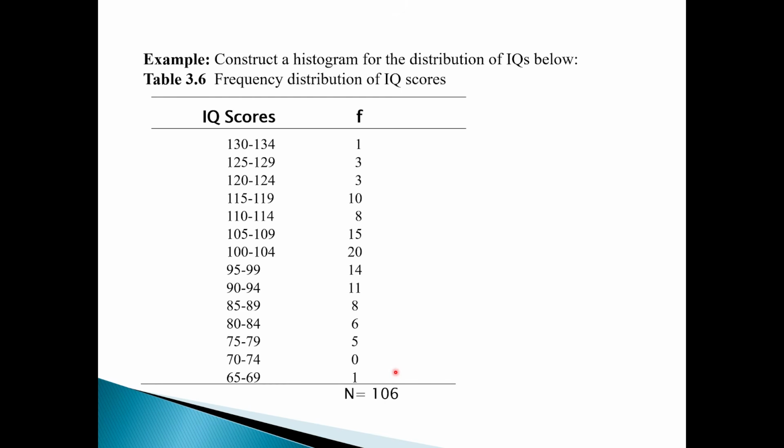Now the next one is to create a bar graph using this. How do you create a bar graph? First, you should draw your X and Y axis. Your X should be these IQ scores and your Y is your frequency. Now what's the next step?